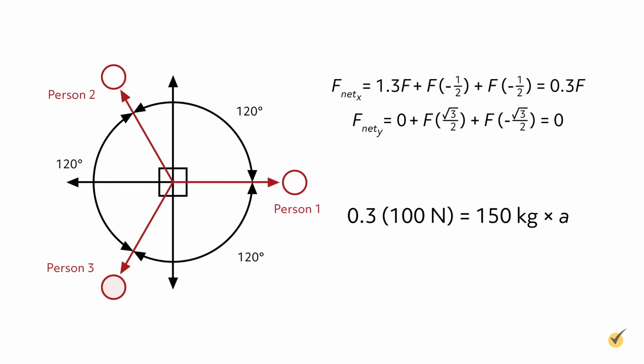Now, let's say that F is equal to 100 newtons. Substituting those values into the force equation in the x direction and simplifying, we can calculate the acceleration. Intuitively, we know the direction of the acceleration is along the positive x-axis, and Newton's second law gives the quantitative value for the acceleration, which we calculated to be 0.2 meters per second squared.